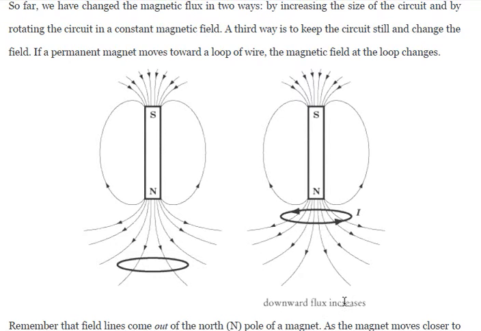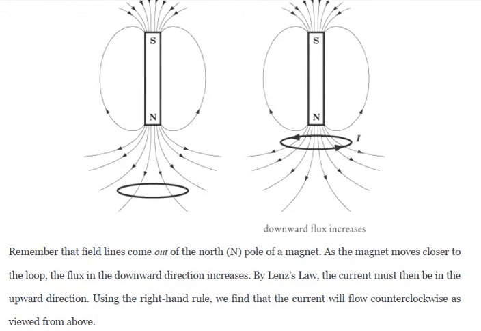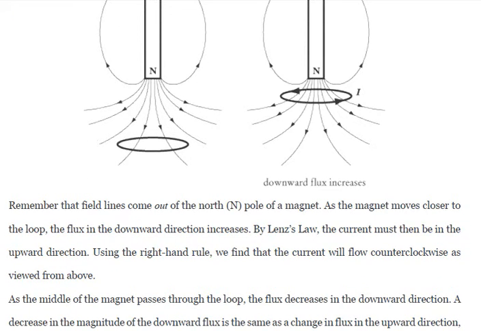We can see that the downward flux, since it's coming out of the north end, is increasing. It's important to remember that your field lines come out of the north and go into south. So as the magnet gets closer to the loop, downward flux increases.